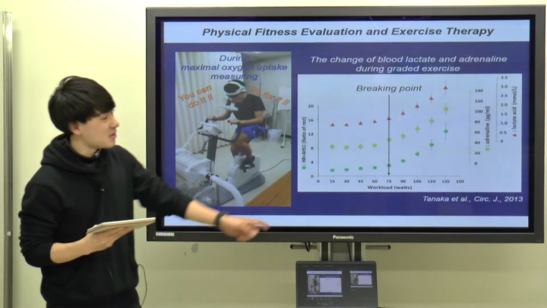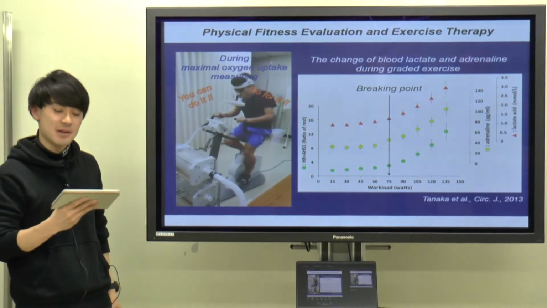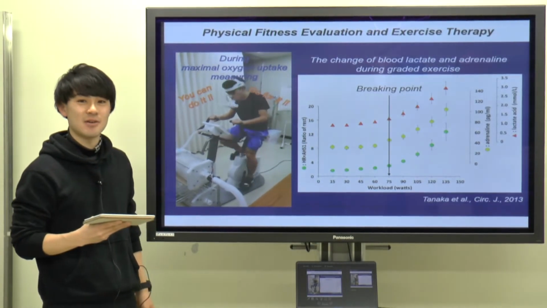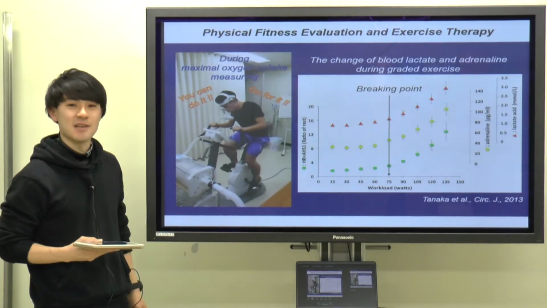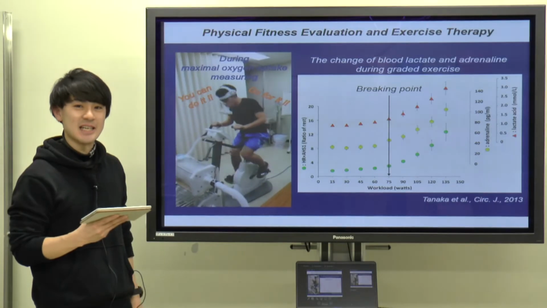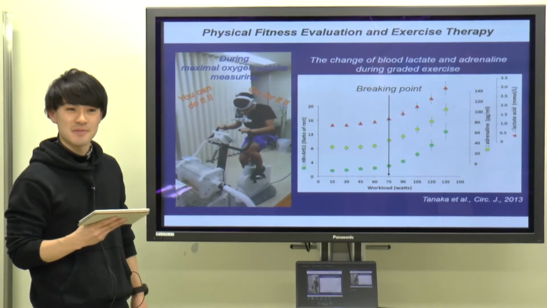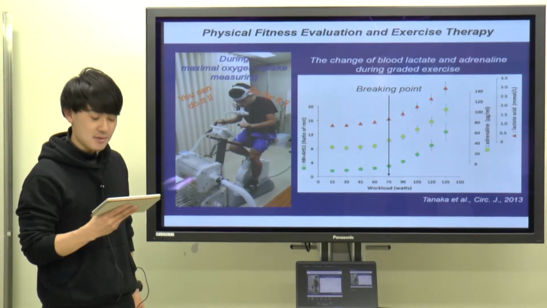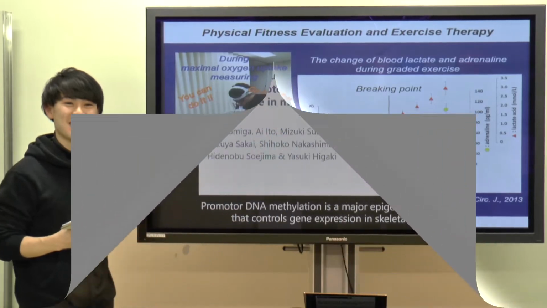The breaking point of these parameters appears at approximately 50% of maximal oxygen uptake and is used as an optimal exercise intensity for exercise therapy. Endurance exercise training at this intensity is found to improve physical fitness and to prevent non-communicable disease. Thank you.